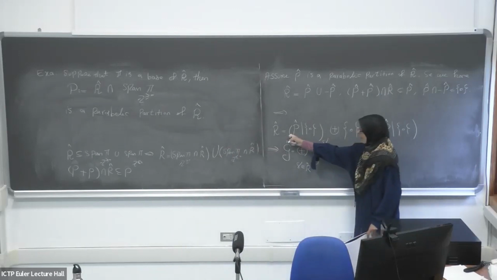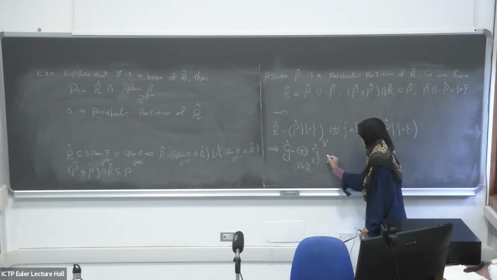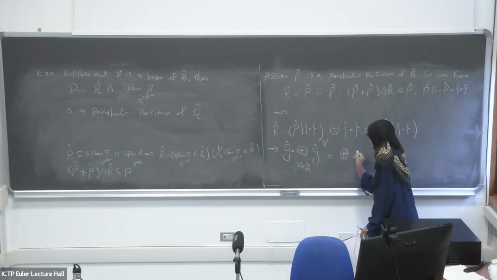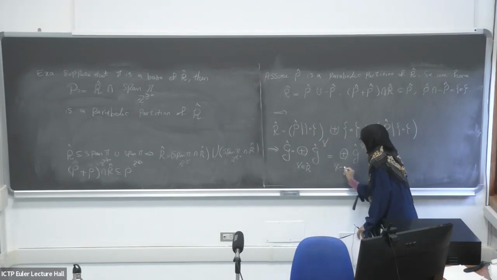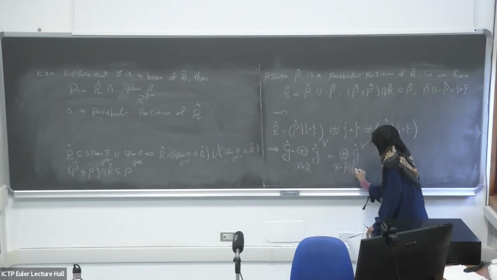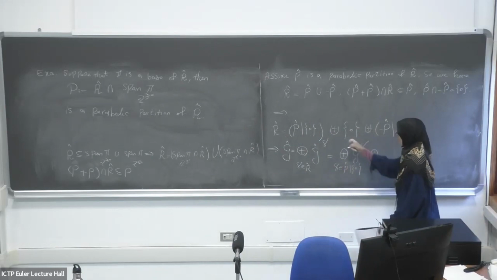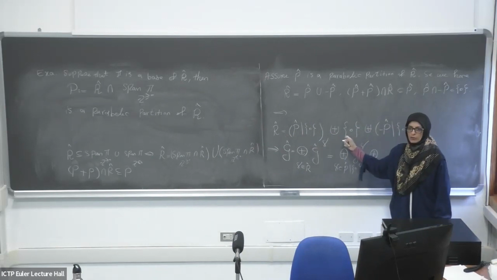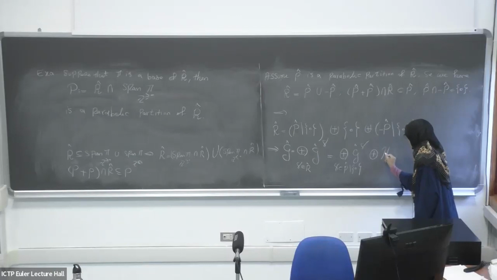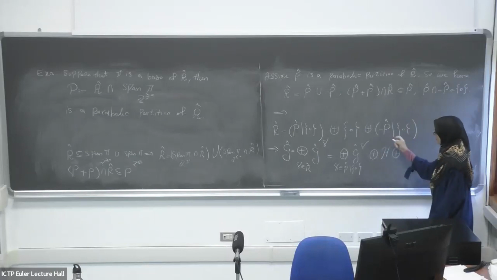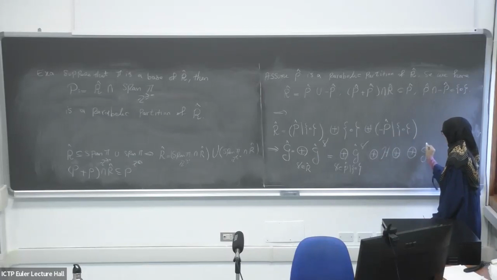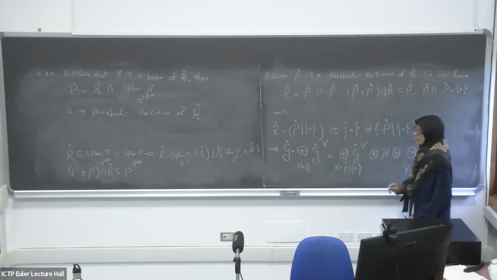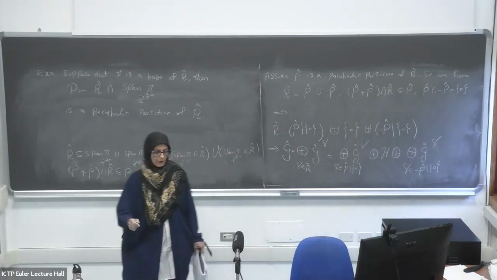And as R hat has this decomposition, we have this decomposition: direct sum of G hat gamma, gamma an element of P hat minus 0, direct sum G hat 0, but we know that G hat 0 was H, and this part, direct sum of G hat gamma when gamma is an element of minus P hat minus 0. Okay.